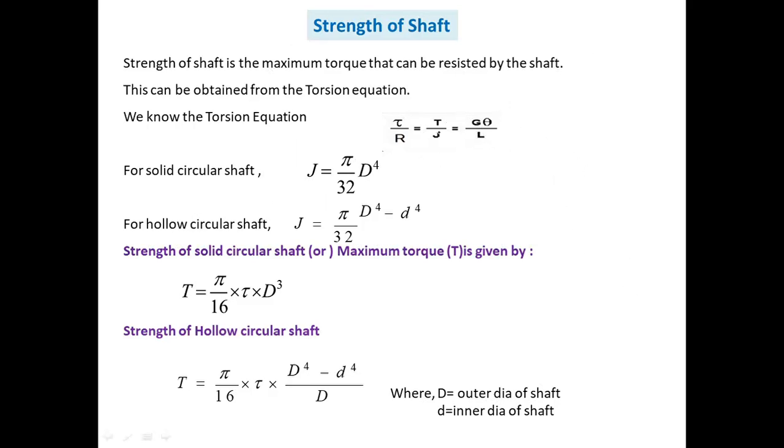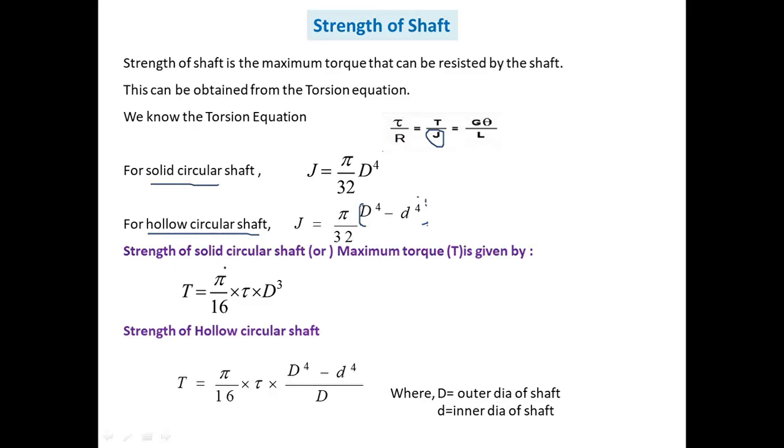Here the J value is given for circular shape. It is pi d power 4 divided by 32 for the solid circular shaft, whereas for the hollow circular shaft, it is pi by 32 into capital D power 4 minus small d power 4, that is outer diameter minus inner diameter.